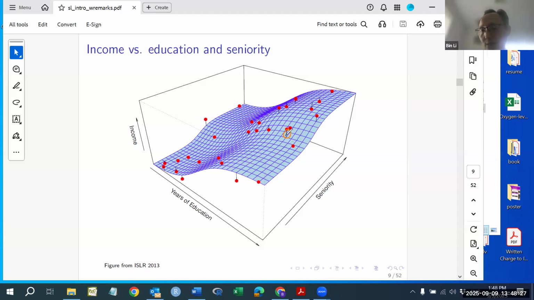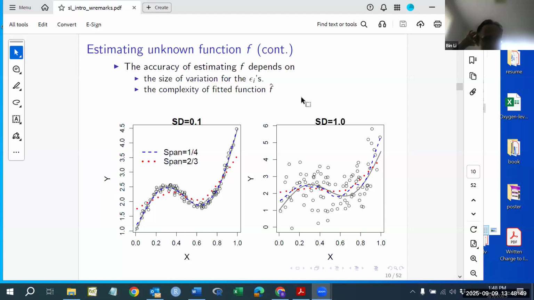Obviously, the one above the surface has a positive epsilon, and the one below has a negative epsilon. Okay, so that's the example, and we will go back to this example in a minute.